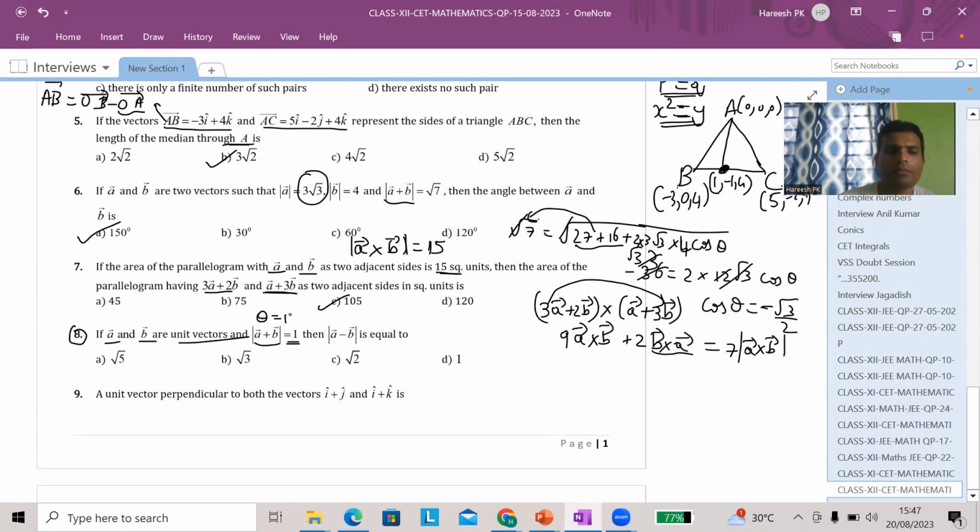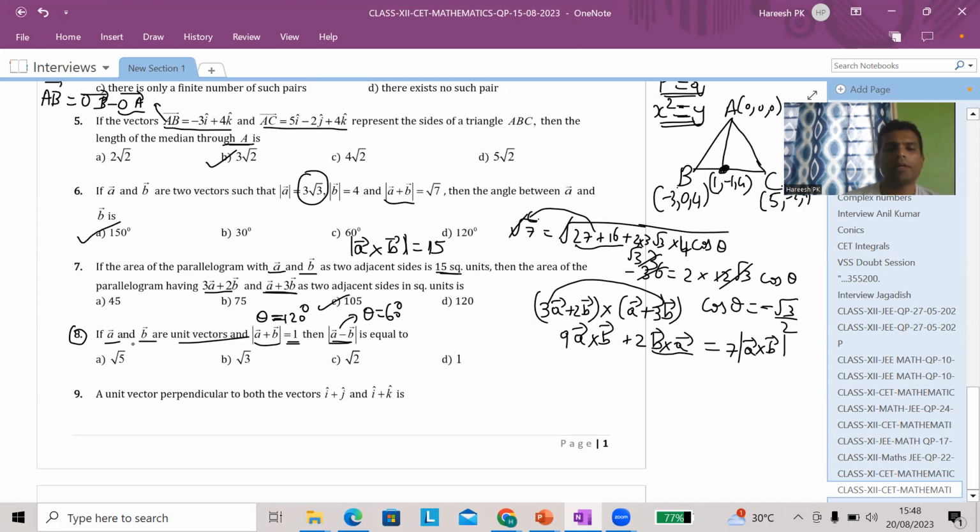Theta, the angle between both vectors, is 120. So the angle between vector A and B is 120. That means the angle between A and minus B will be 60 degrees, because minus B means it's in the opposite direction. Either you solve using the same method as question 3, or you remember this.